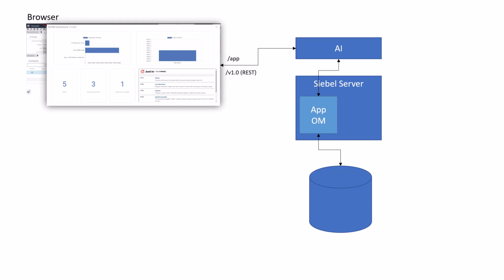So fetch or XML HTTP requests or whatever are sent asynchronously. So all requests that are needed are sent immediately. Let's say 5 separate requests to the AI. That, of course, will spawn multiple sessions in parallel on the AI object manager, fetching the data in parallel, and when the data is returned, of course, updating the dashboard.